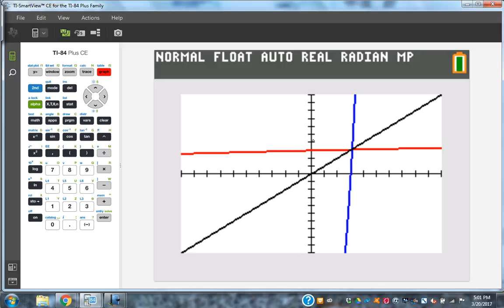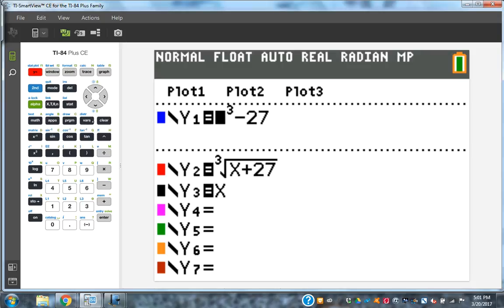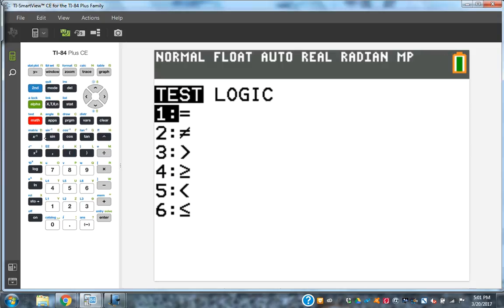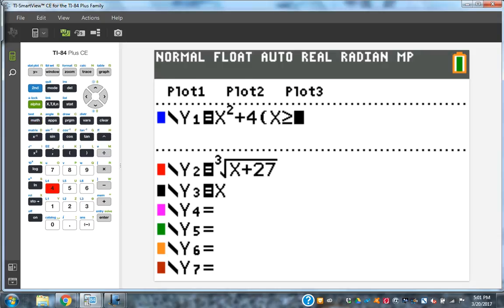Let's see. If you had something like, let's try this. Let's try x squared plus 4, but we could only have one half of that, so we could do x greater than or equal to 0.